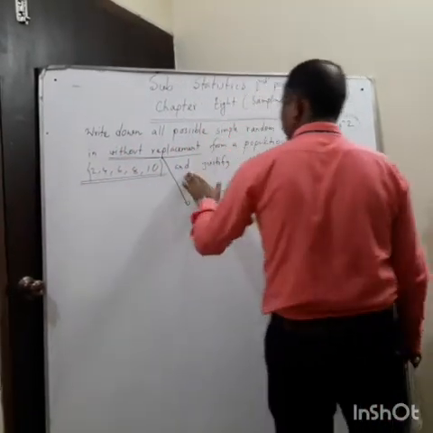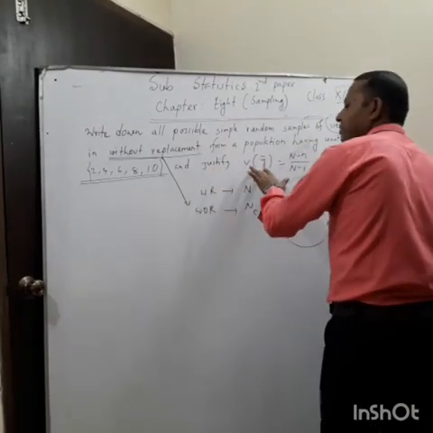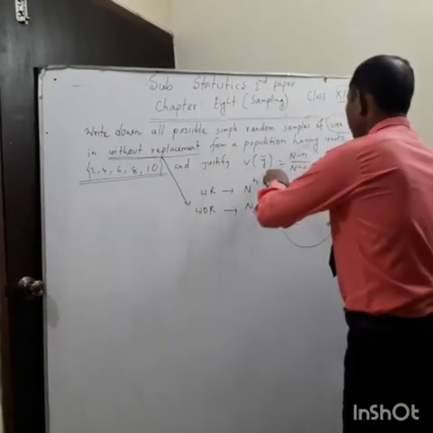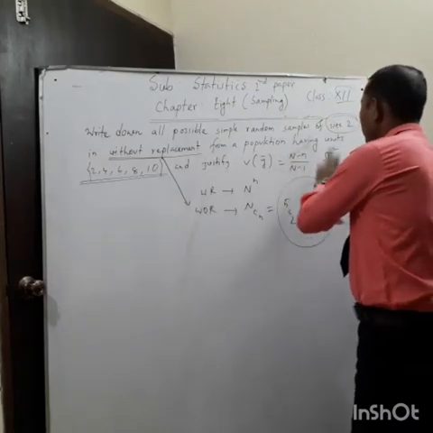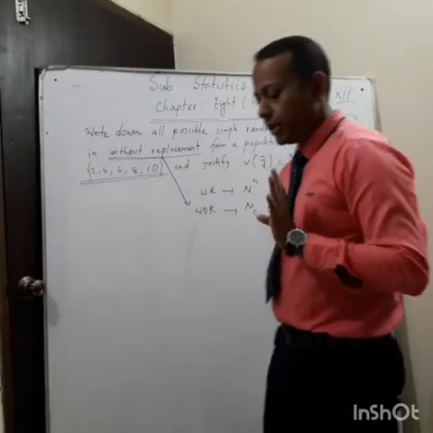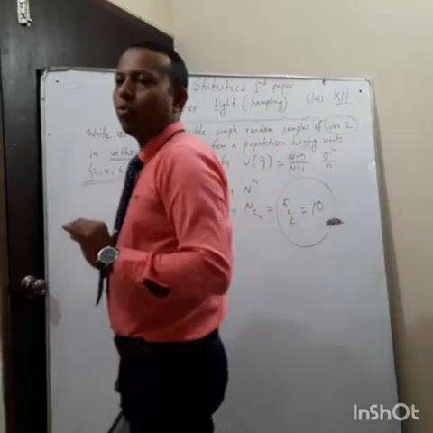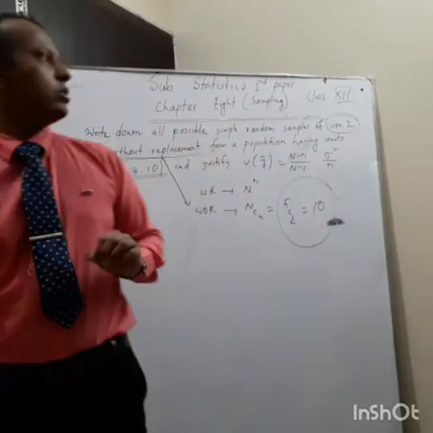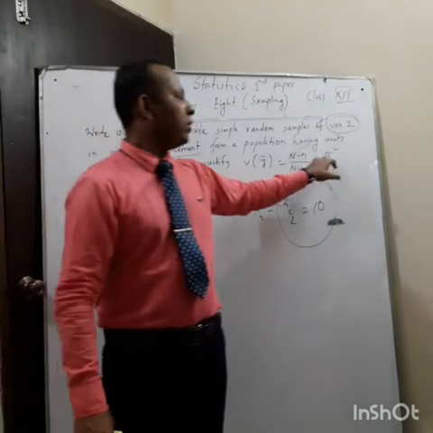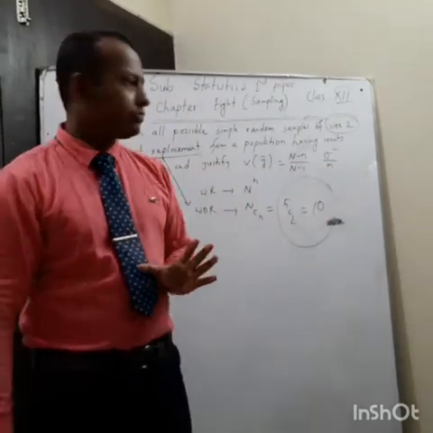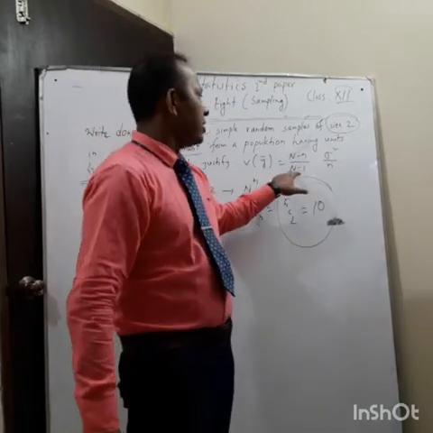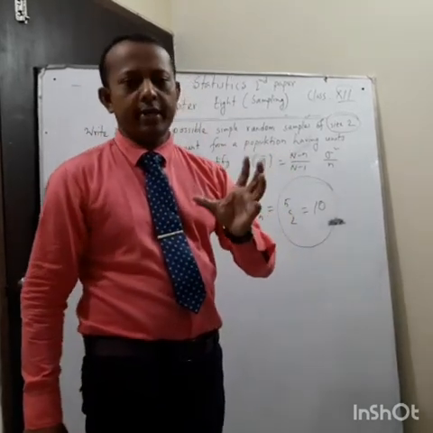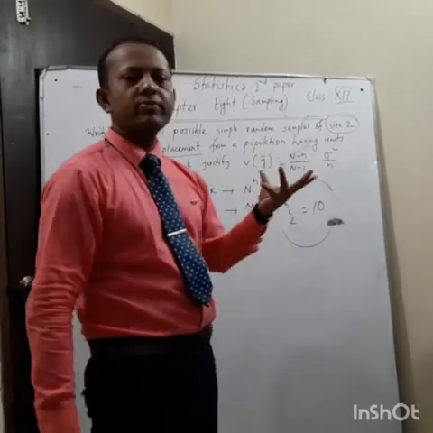Now we have to justify that variance of y bar equals (N minus n) divided by (N minus 1) into sigma square divided by n. Now, what is the meaning of capital N? What is the meaning of small n? And what is sigma square? Firstly, capital N means population size.